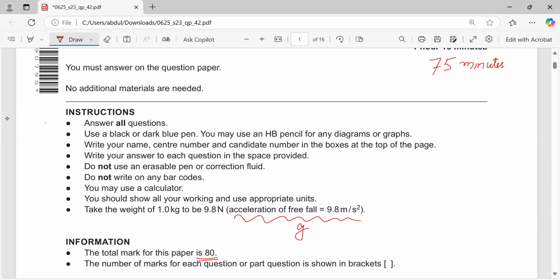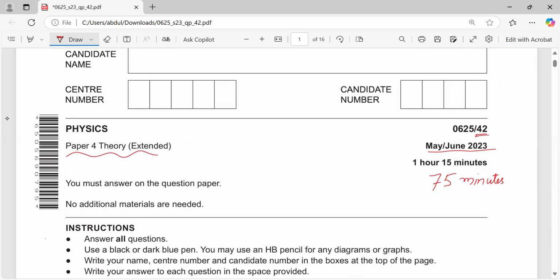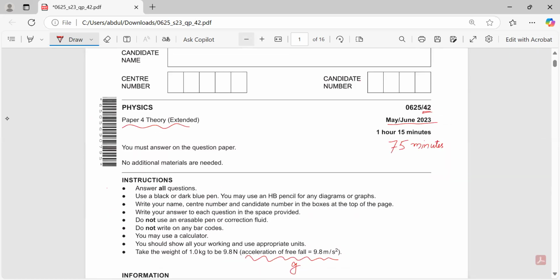So this is paper 4, variant 2, May June 2023, and we will be discussing block-wise. First of all, we are going to discuss the general physics, then thermal physics, and so on. So let's start our proceedings from the first question.